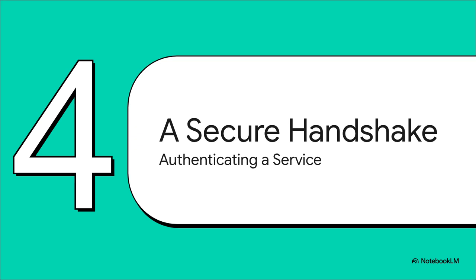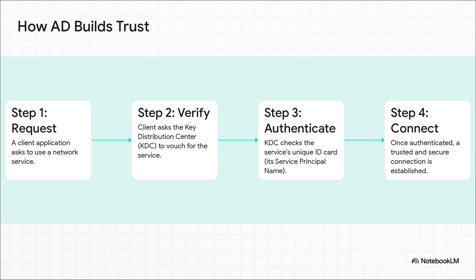Let's walk through a quick real-world example to see how AD creates what's basically a secure handshake between you and a service you want to use. All right, here's how that trust gets built, in 4 simple steps. First, your app says, "I want to use that service." But, and this is key, instead of connecting directly, it turns to Active Directory's security guard, the Key Distribution Center, or KDC.